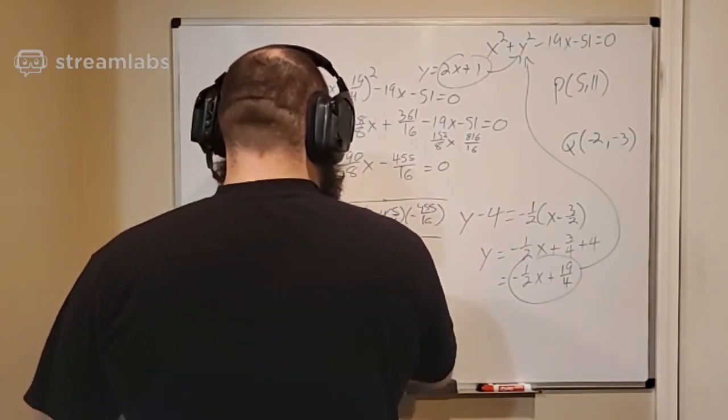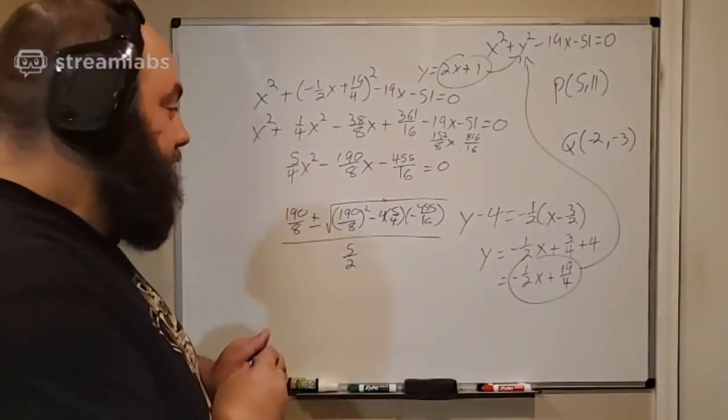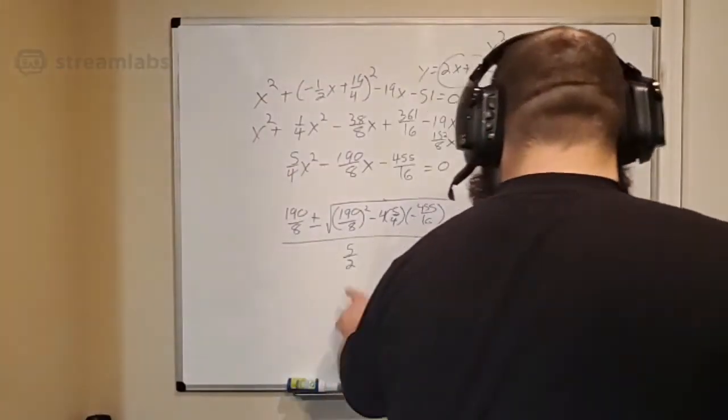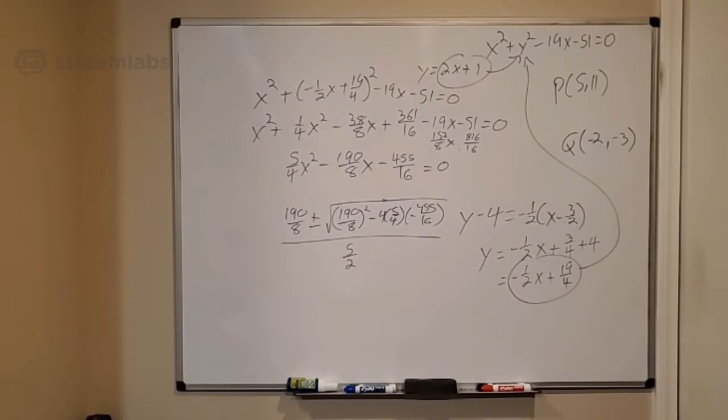And the reason I don't care that any of this simplifies is because I'm putting all of that in my calculator. Even though it says leave it exact, which is fine, I'm going to put all of this in my calculator and then tell it to give me a fraction.